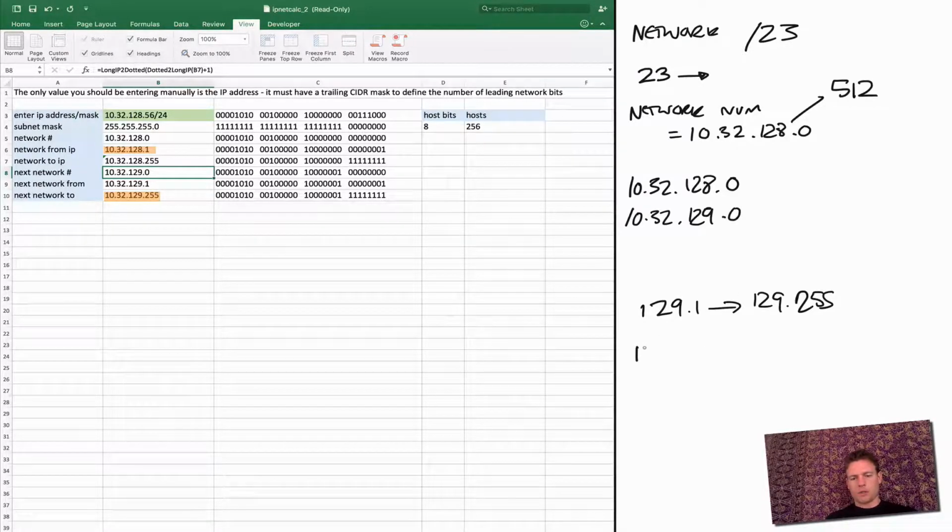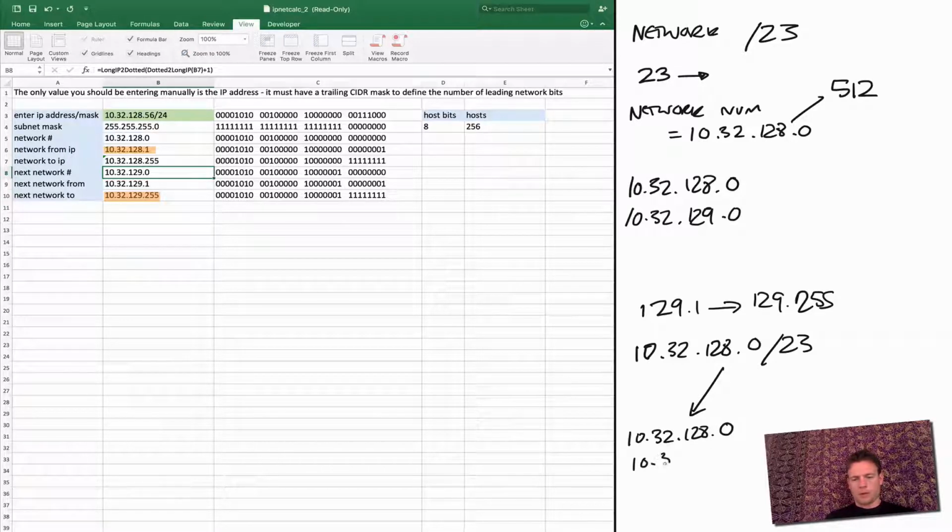So we've gone from a position where 10.32.128.0/23, right, has been split into 10.32.128.0 and 10.32.129.0, right?